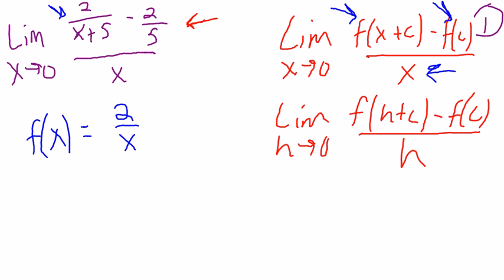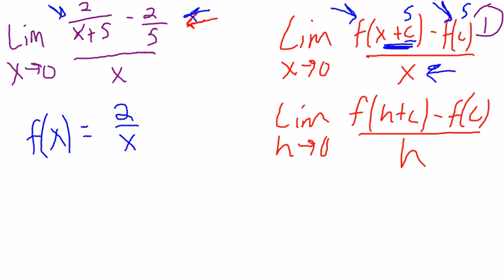You get good at recognizing these. Notice if the c is 5, then this c is 5, then it works where this one is 2 over x plus 5, and then this one is just 2 over 5, so that's f of c.